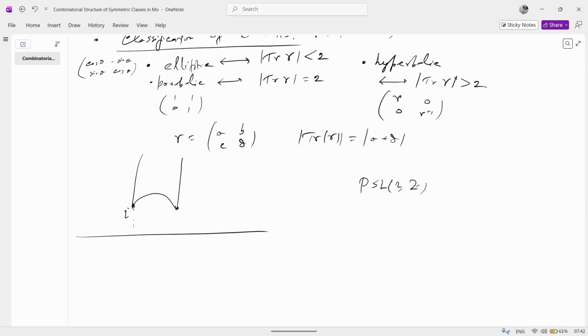So let me draw the picture properly. I was just going a bit fast here.